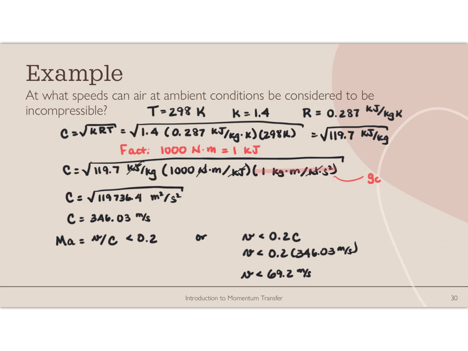Now, just to relate this to speeds you might drive, 60 miles per hour is 88 feet per second, at 3.28 feet per meter. So this is equivalent to 155 miles per hour. It's pretty safe to say that walking and driving through air is going to be considered essentially incompressible.